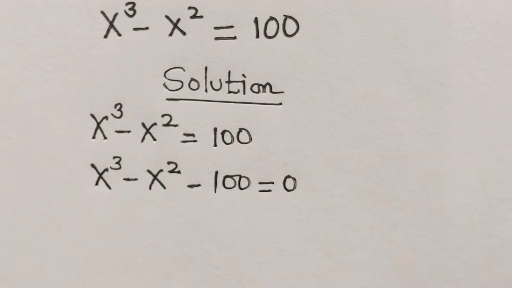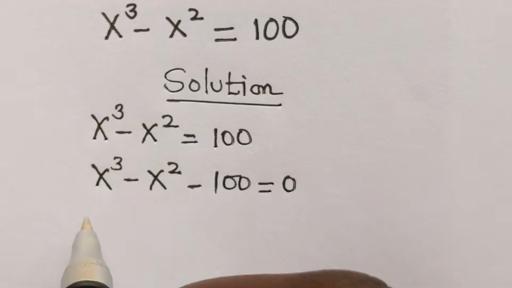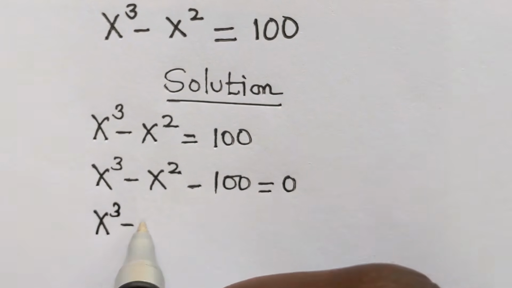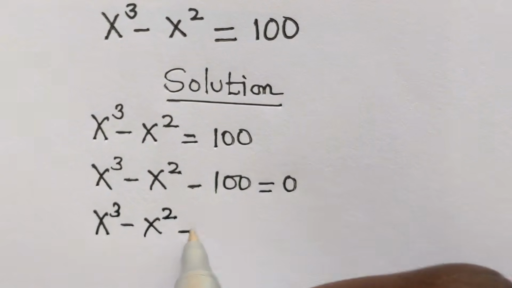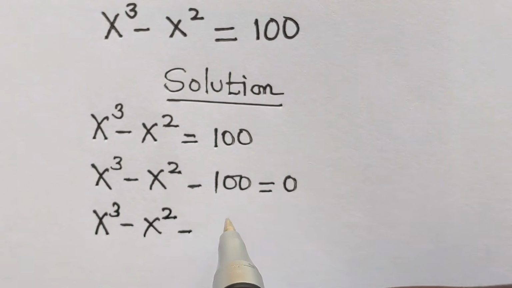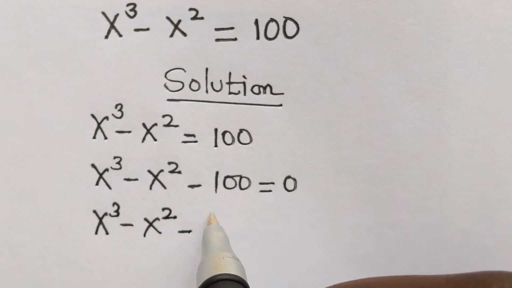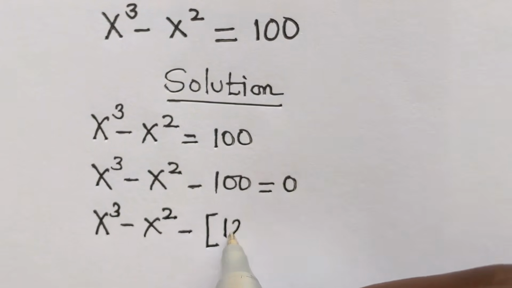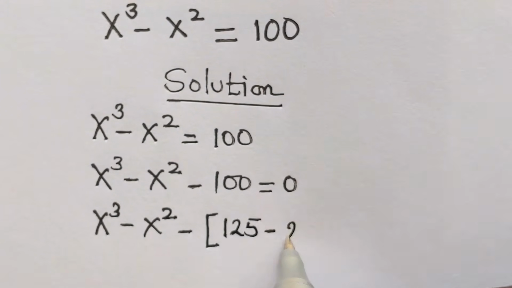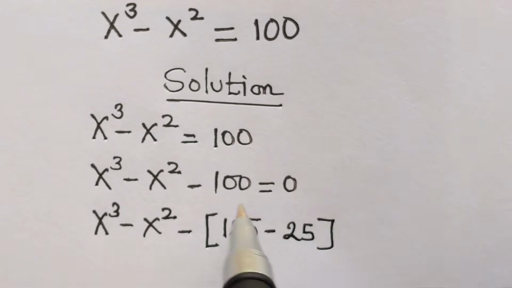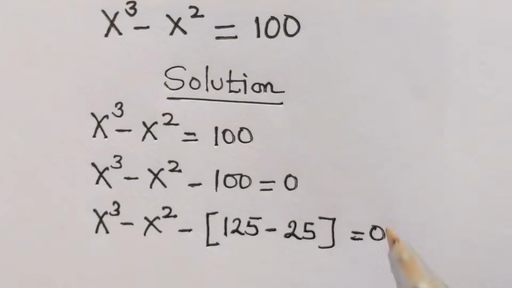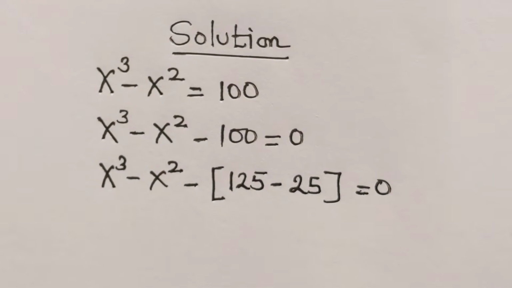The first trick that we're going to use to solve this question is to find two numbers that we can add or subtract to get 100 here. That is 125 minus 25 equals to 100, so that here it will be equal to 0.